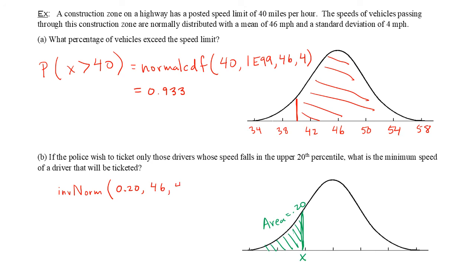Standard deviation was 4. In this case, to the left of that value. So here we'll go to the distribution menu, inverse norm. Area is 0.20. The mean was 46. Standard deviation is 4. To the left of it, we have 42.63.